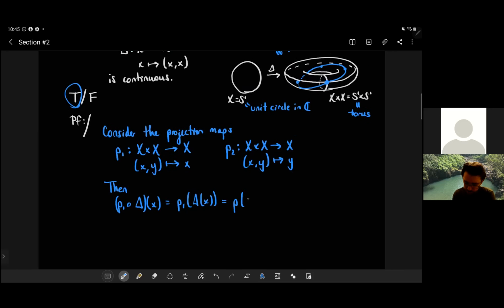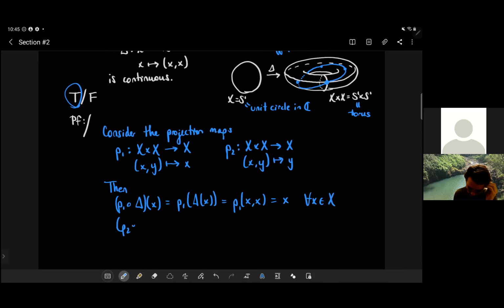But delta of x is just (x, x), right? The diagonal map just maps to the pair. And we know projecting, I forgot my P1 here, projecting that gives me an x. So it certainly looks like this is the identity map, right? It takes x to x. It's true for all x in X.